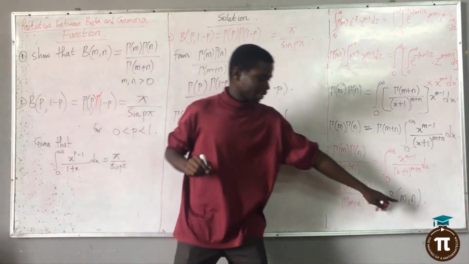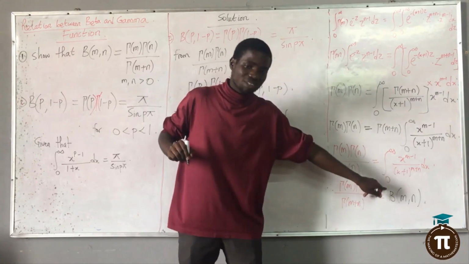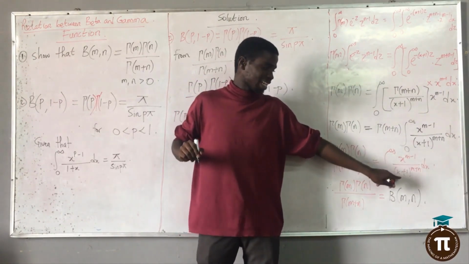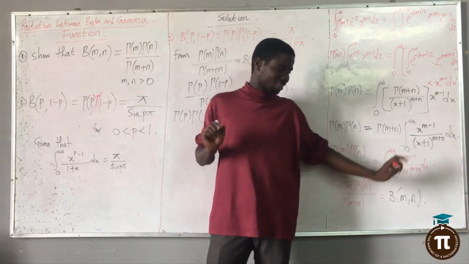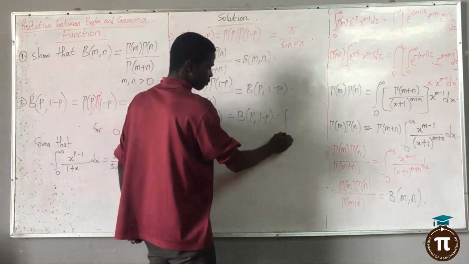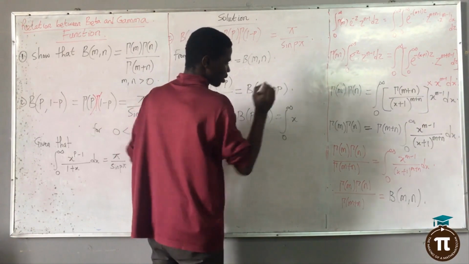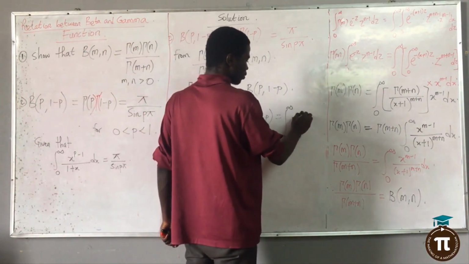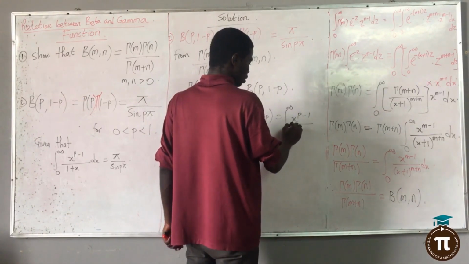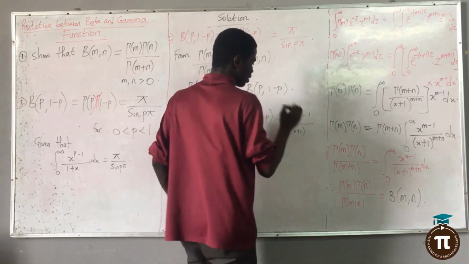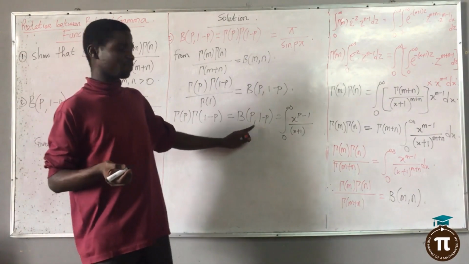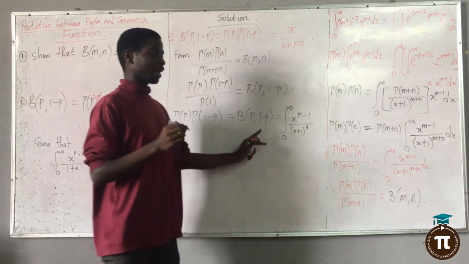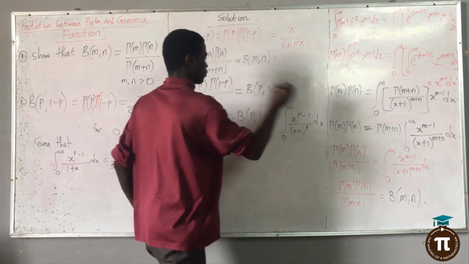Don't forget, beta of m comma n is the integral from 0 to infinity of x raised to the power of m minus 1 all over x plus 1 raised to the power of m plus n dx. So this will also be the integral from 0 to infinity of x raised to the power of p minus 1 all over x plus 1 raised to the power of m plus n, that is p plus 1 minus p, which will give me 1, dx.